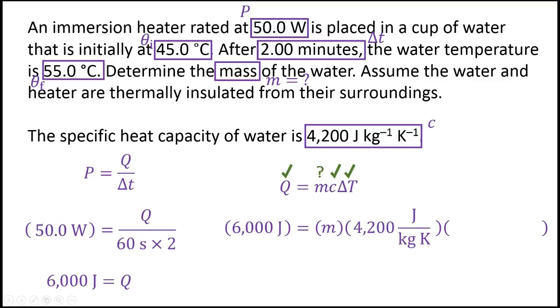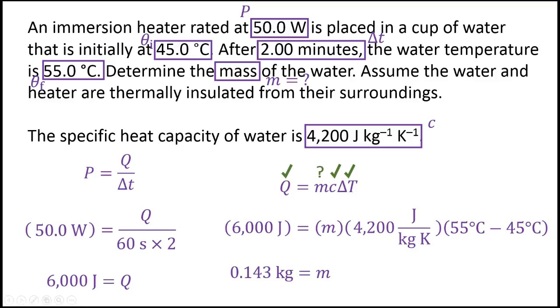And for delta T, here's my final and initial temperature, so the difference is positive 10. Kelvin and degrees Celsius cancel because we're talking about change in temperature, and a change of 1 Kelvin is equal to a change of 1 degree Celsius. So we solve for mass, divide both sides by 4,200 and by 10, and you get 0.143 kilograms.